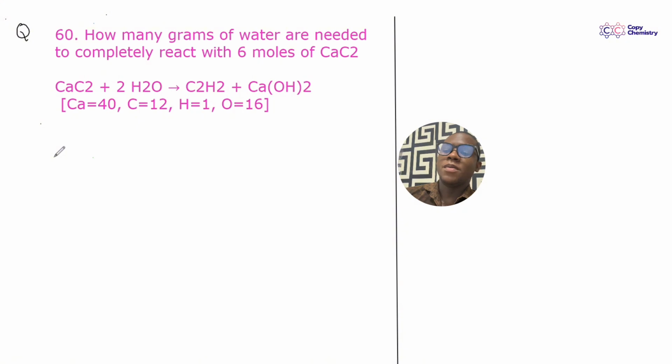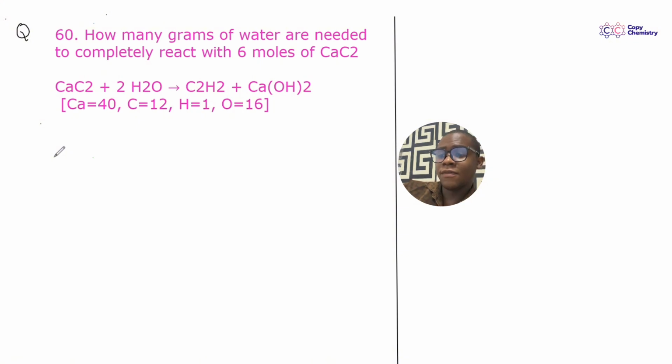Okay, or maybe I may not do that. If it were how many moles of water, yes, that would be a verbal assessment kind of thing, because you can basically see it. This is your balanced equation there. Calcium carbide, 1 mole, reacts with 2 moles of water for the reaction to go to completion.